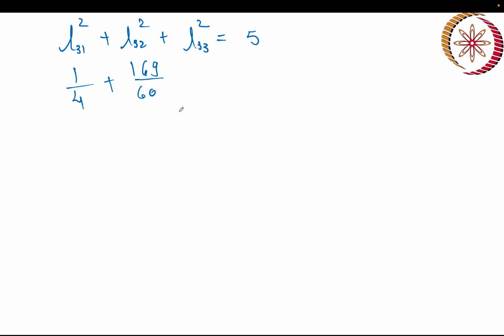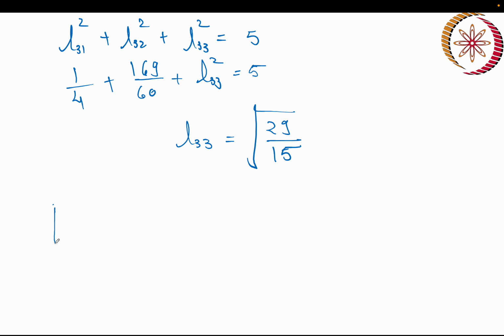And the last term we have to find out. L33 square is equal to 5, and if you solve this, it will be L33 equal to square root of 29 by 15. Okay, so that's how we can compute this L matrix.